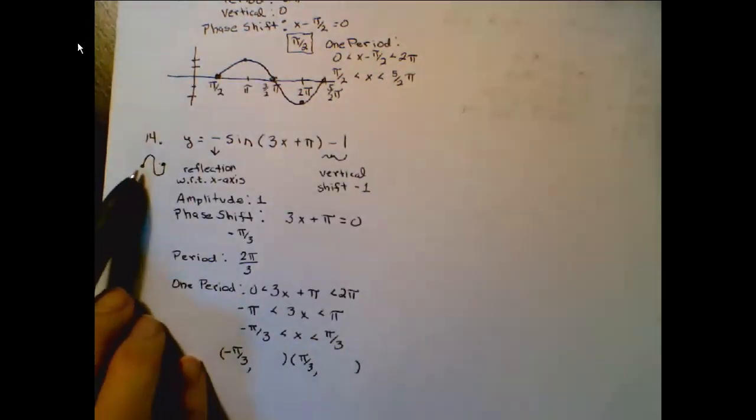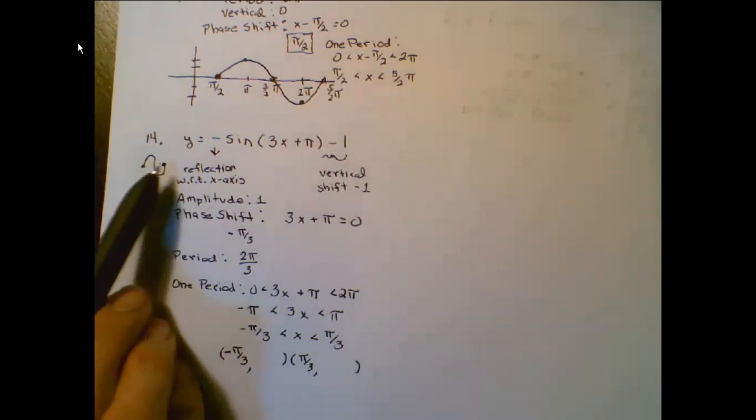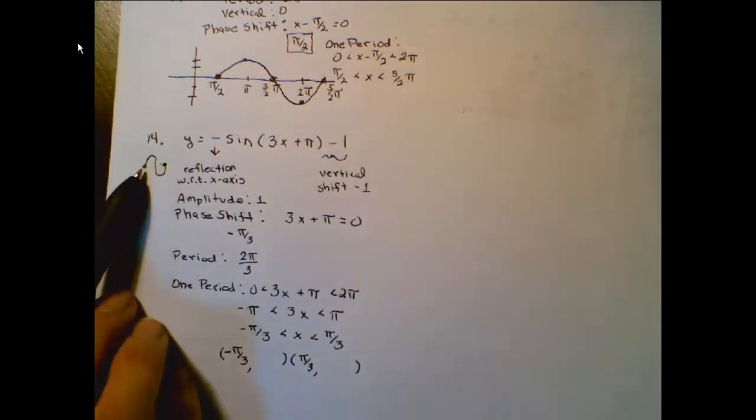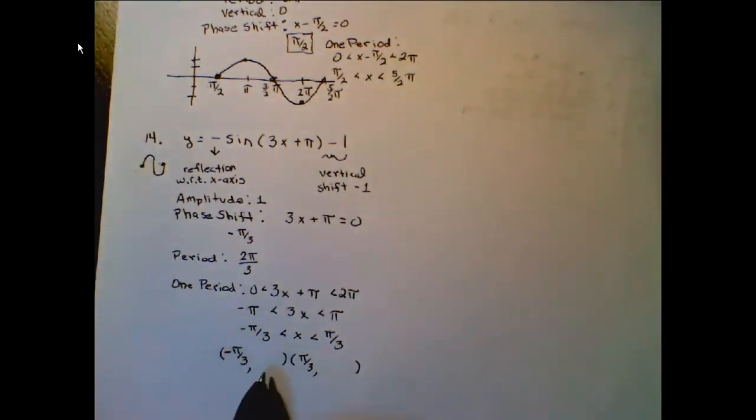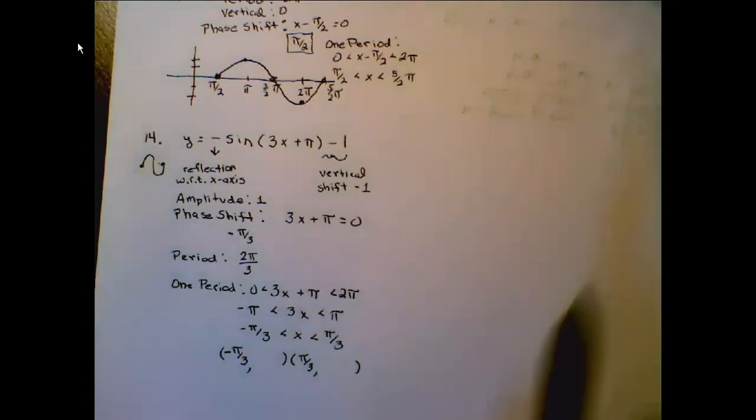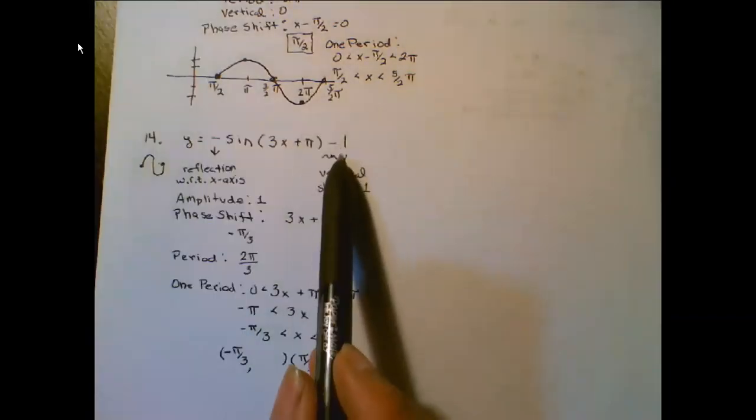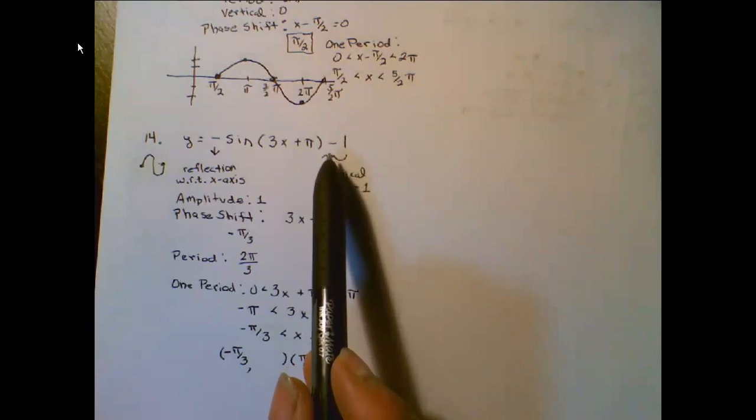What is sine normally at its endpoints? The y value at its endpoints. 0, 0. Okay. Pi, 0. Yeah, 0, 0, 0, and 2 pi, 0. So the endpoints are normally 0, except for in this graph, they've been shifted how?